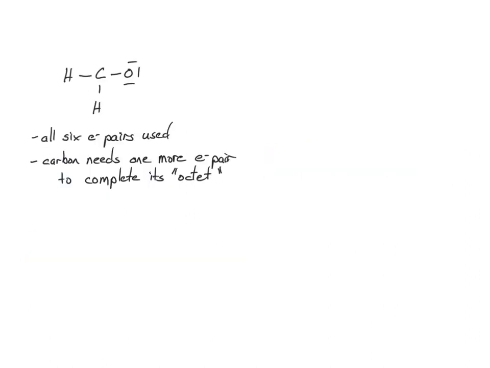So this is where we finished on the previous slide. We have carbon bonded to the 2 hydrogens and oxygen. However, the central carbon atom is electron deficient, and we've used up all of our 6 electron pairs. We're going to use one of the lone pairs and convert it to a bonding pair.